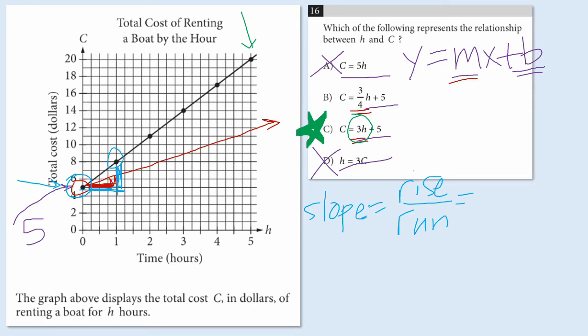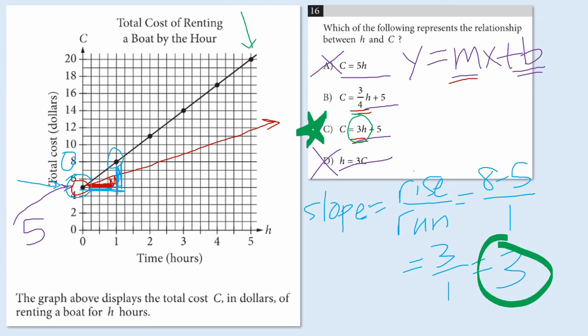So it's 8 minus 5. And the run is going from 0 to 1. So it's 1. So the slope is equal to 3 over 1, which is equal to 3. So at that point, I know that because it has a slope of 3, the answer must be C. So we've confirmed that C is the correct answer.